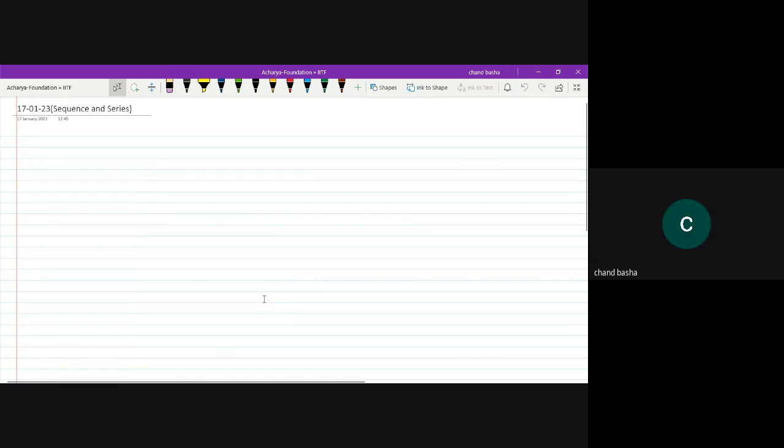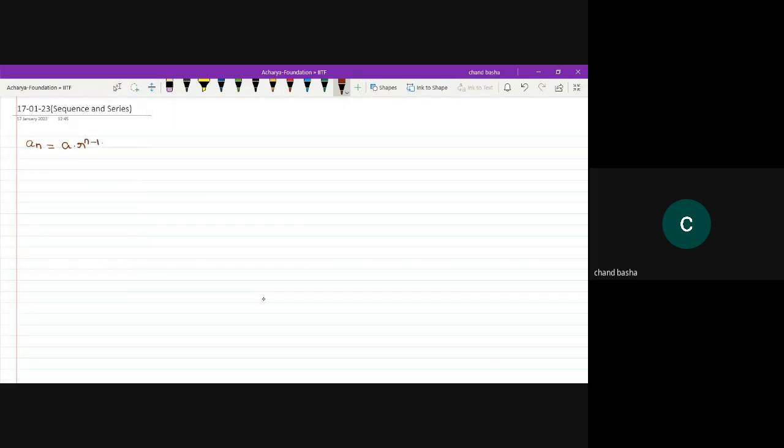Right, guys? In the last class, we started geometric progression, the GP concept. I gave you three formulas. One is the general term of GP: a_n is equal to a r to the power n minus 1.